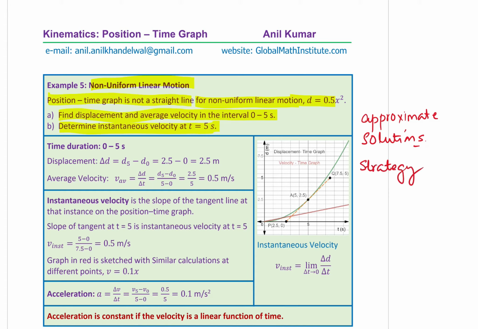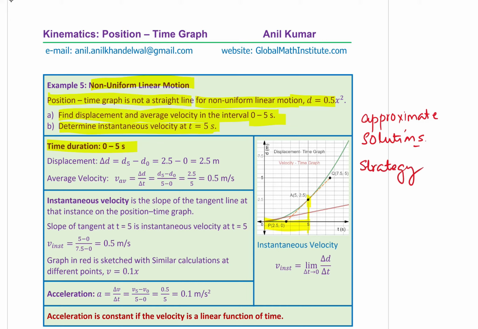Okay, so let's begin with a time interval which is given to us from 0 to 5 seconds. So we'll work in this time interval 0 to 5 seconds since we need to find the displacement and the average velocity between this interval of 0 to 5 seconds. Now, from the graph, we can read a value. A is 5, 2.5.